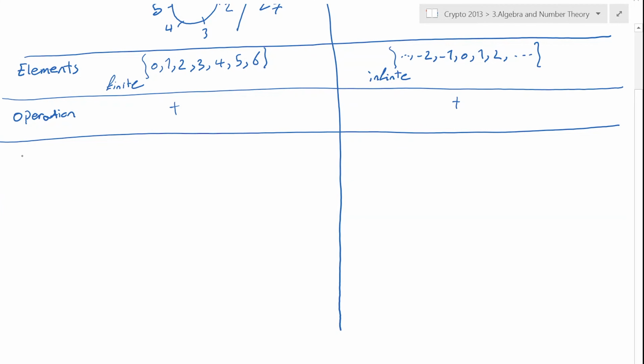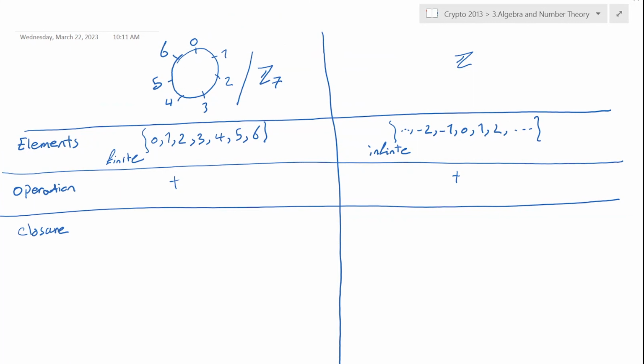Another thing that both these groups have in common is closure. In closure, what we always discuss is that if you take any elements and do the operation on them, you always end up with an element in the same set.